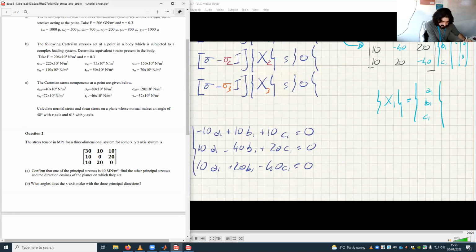And this can be easily solved. Let's say this is equation 1, equation 2, equation 3. If I take 2 minus 3, I mean, this can be solved in many ways. So 2 minus 3 is easy because I get rid of A1. So 2 minus 3 is this minus this, 0. This minus this is minus 60 B1.